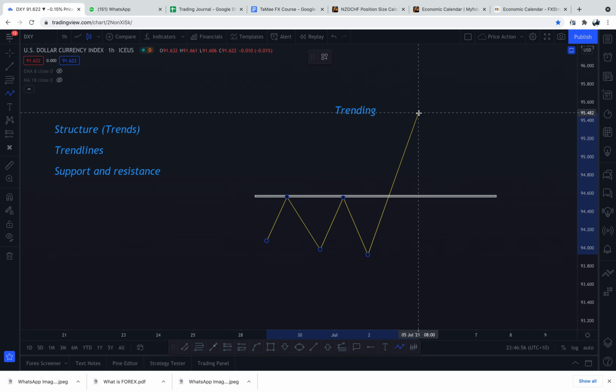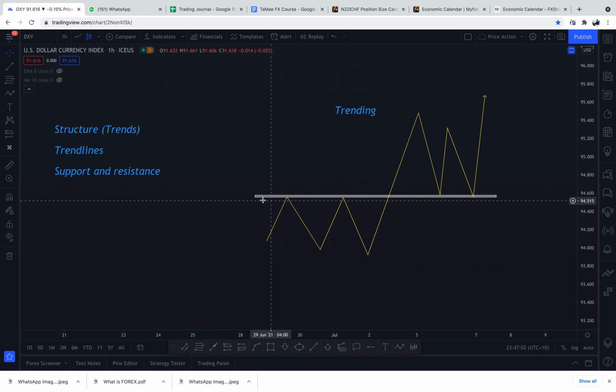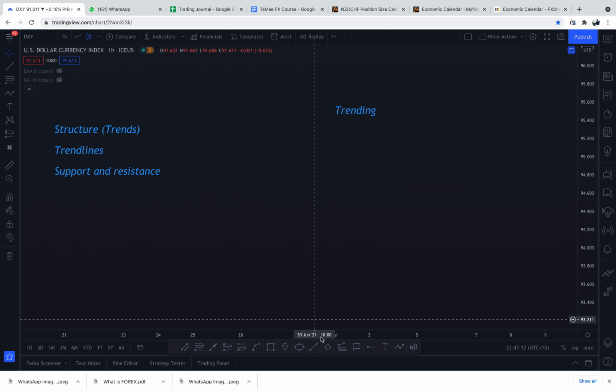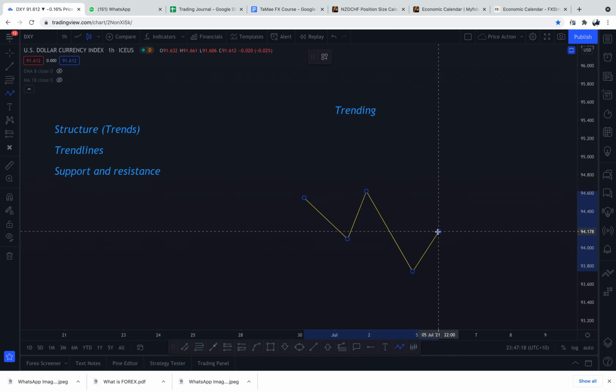If it breaks and also comes and touches there and comes up and touches again and goes up, this is a very strong level. This is a very strong support and resistance level. The same applies with trend lines. If the trend line is touching at least 2 points, then it's a valid trend line.